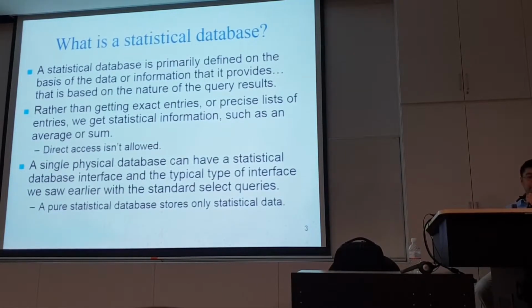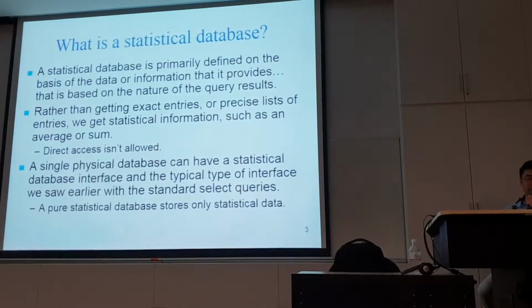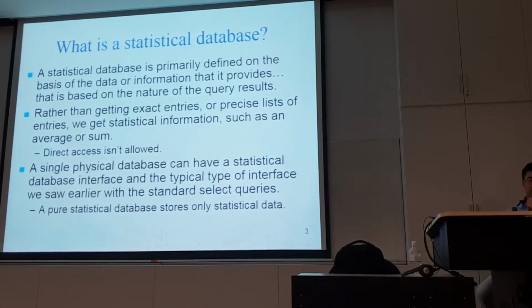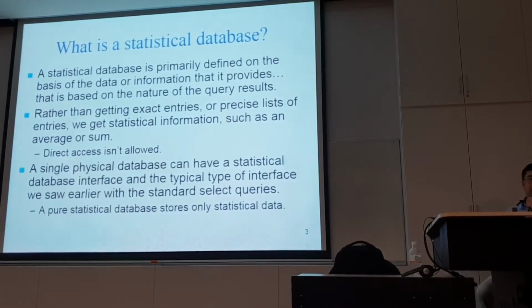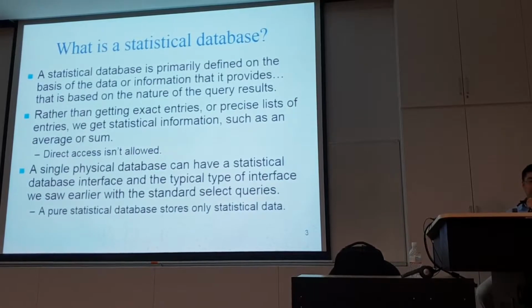Essentially, the statistical database allows the user to query statistical data instead of individual data items. This is required if an individual data item is confidential. For example, the salary of an individual staff member within a company can be sensitive. However, the average salary may not be sensitive.